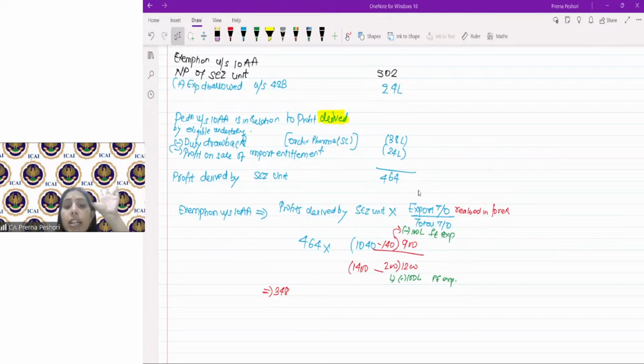So even if the interest is converted to debentures, it will not be considered as paid. Only when the amount is actually paid will the deduction be allowed. Are we clear? Okay, shall we move further towards the next question?